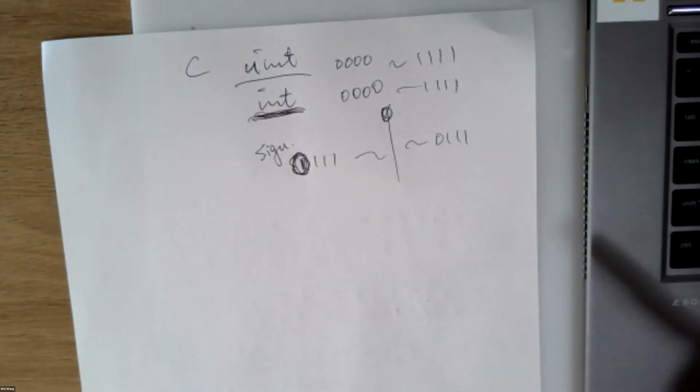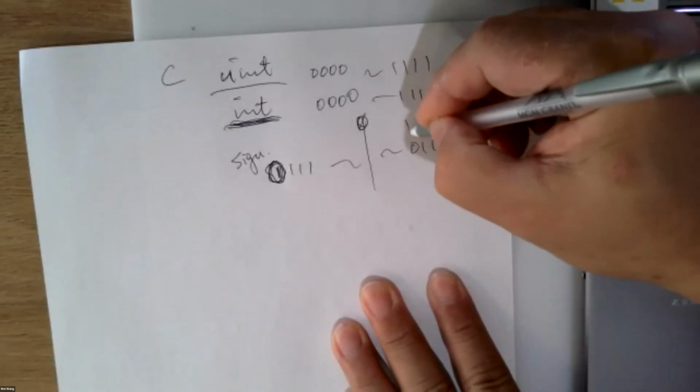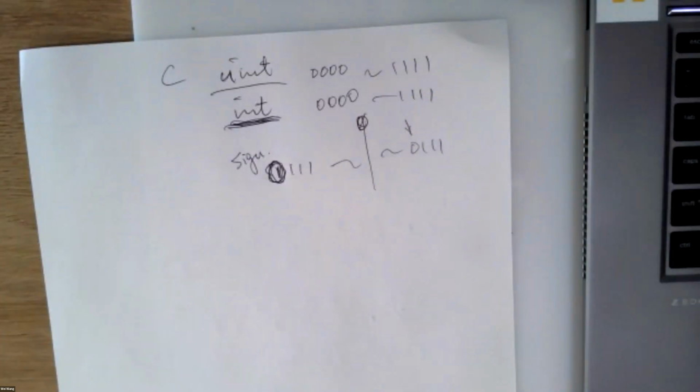When that bit is 1, this value is negative, and when the highest bit is 0, the integer is positive. This is how the language deals with integers. It just shifts the range of the values. But if it's unsigned, as you can see, the integer value range will change. It goes from 0 to all 1s.